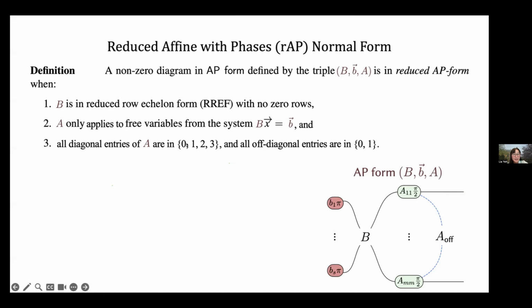And the main difference, the only difference, is that the biadjacency is now in reduced row echelon form. And then the phase function applies phases based off the computational basis states that are in the sum of the affine part first. That only applies to free variables, so not pivots of this reduced row echelon form.